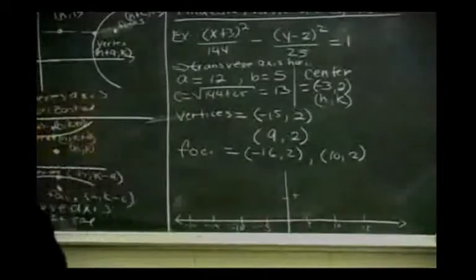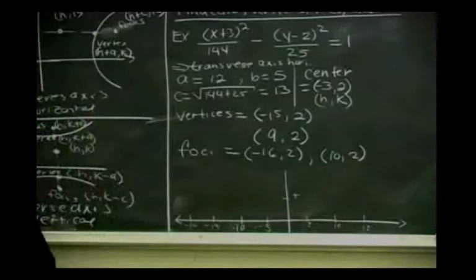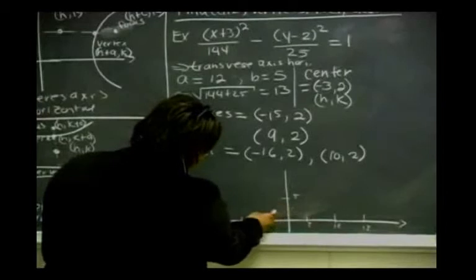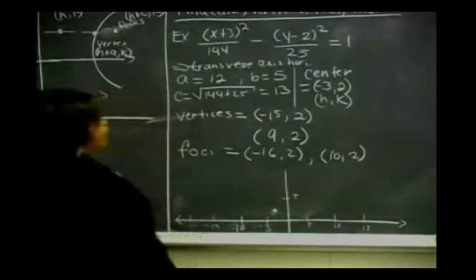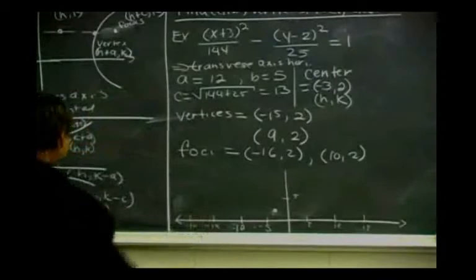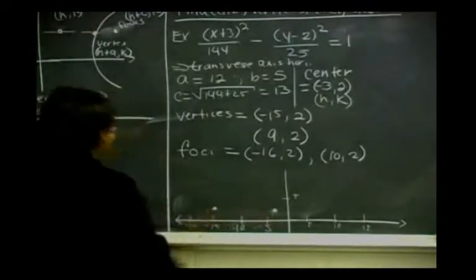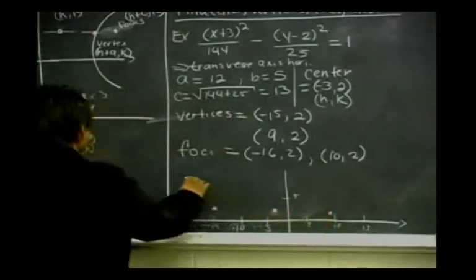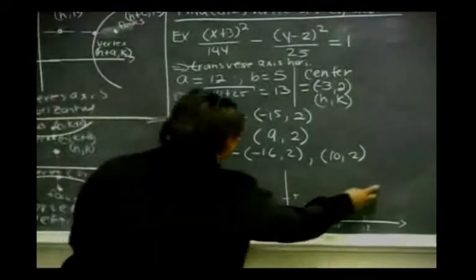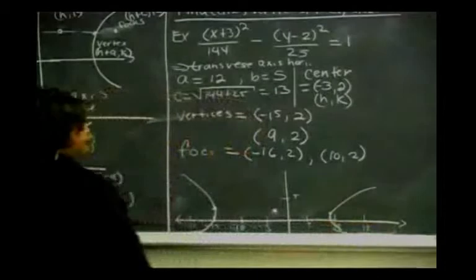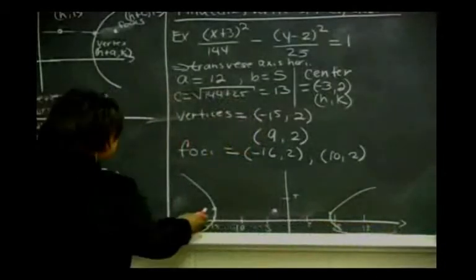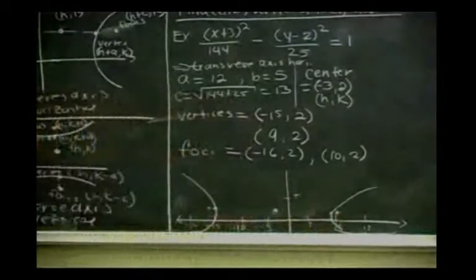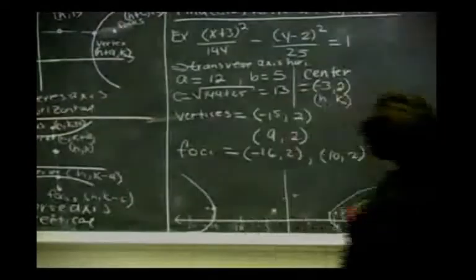And then we'll do 5 up. So my center was negative 3, 2, which is about here. My vertices, negative 15, 2, about here, and 9, 2, about here. So I know this is going to go out this way. My foci, negative 16, 2, and 10, 2. Okay? My hyperbola.